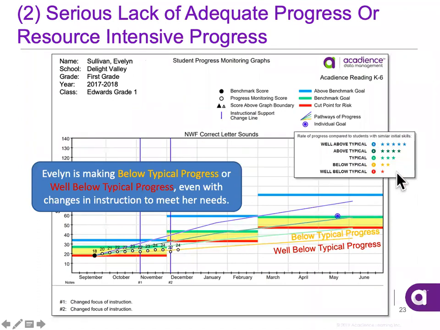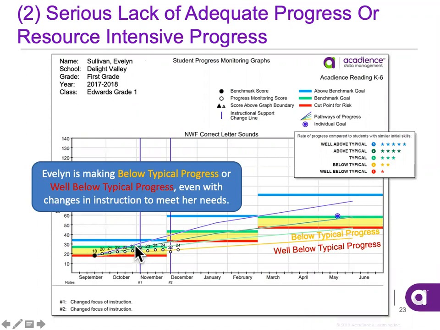So this is what is shown to you in Acadiance Reading as the pathways of progress that you can view at the beginning of the school year to help you know how much growth is typical for a student who is going to start first grade with scores this low.